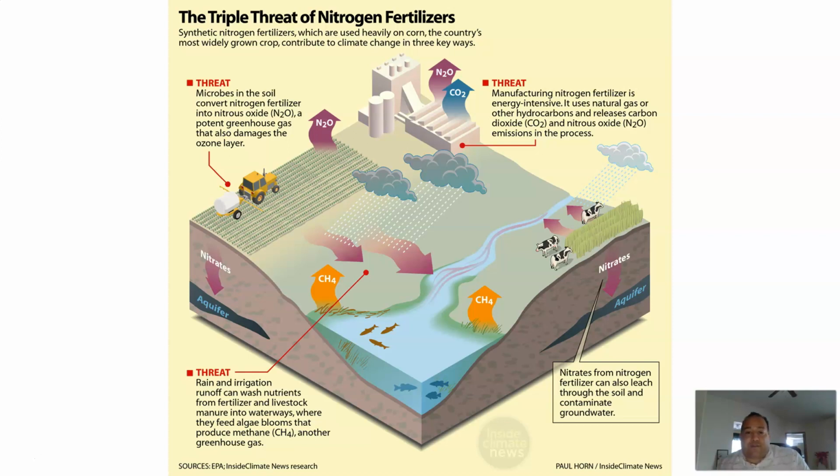The idea of manufacturing the nitrogen fertilizer is very energy intensive, and it uses natural gas, and so you're going to be creating lots of emissions. And then the microbes in the soil, when they convert nitrogen fertilizer into nitrous oxide, that's also going to be a greenhouse gas, so that's also going to damage the ozone layer.